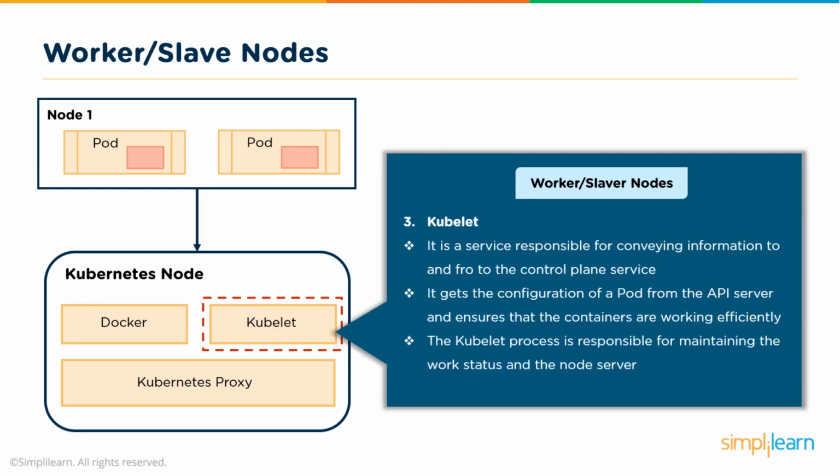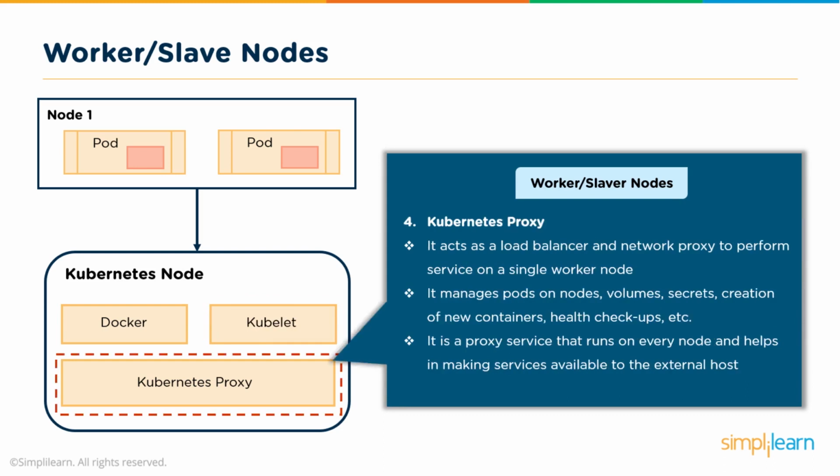You have your kubelet, which is a service for conveying information back and forth about the actual health of the Kubernetes node itself. And then finally, you have the proxy server, which is able to manage the nodes, the volumes, the creation of new containers, and actually helps pass the health of the container back up to the master to see whether or not the container should be killed, stopped, started, or updated.